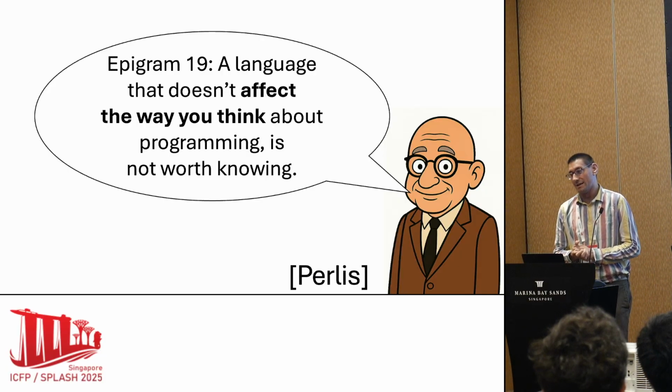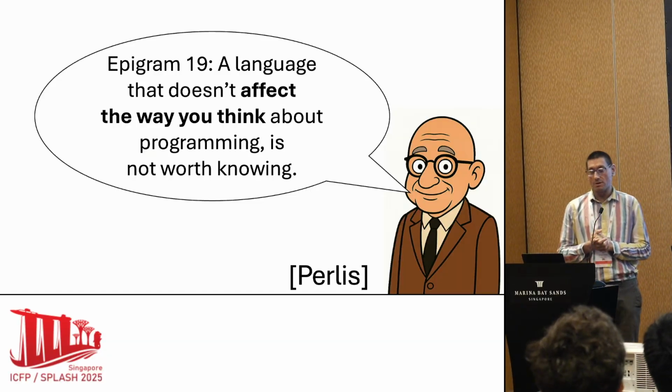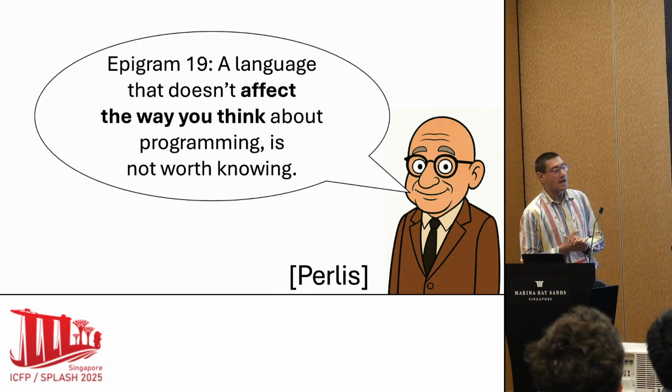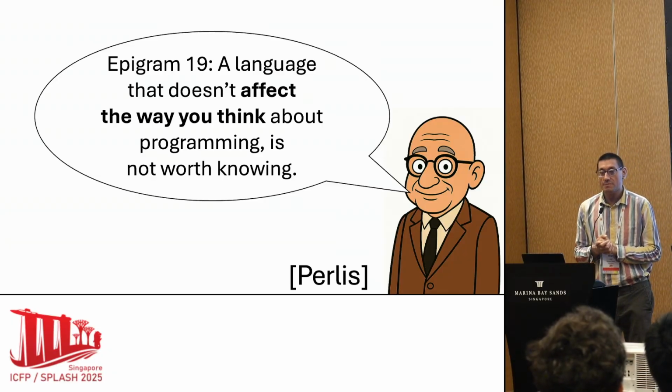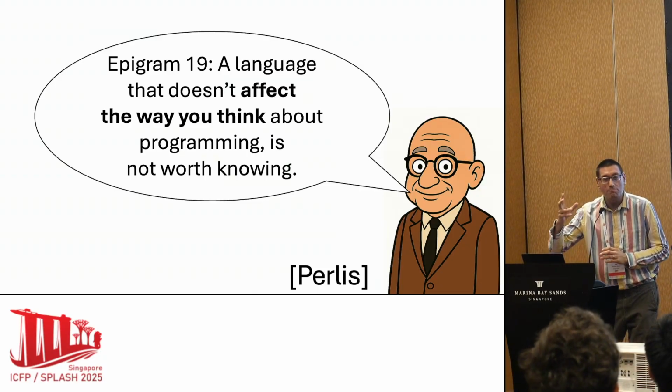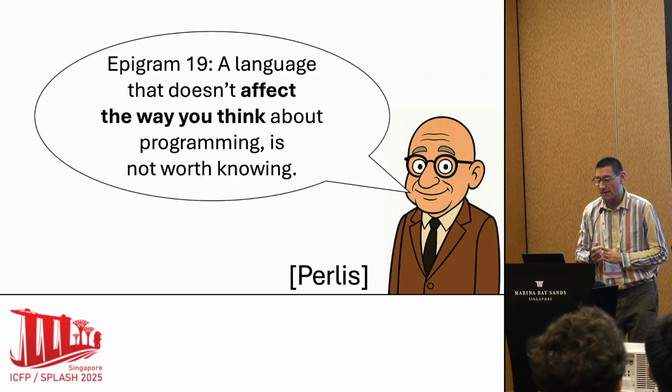Here's Alan Perlis, and you may have seen his beautiful collection of epigrams. One of his most famous is this: a language that doesn't affect the way you think about programming is not worth knowing. Somehow, a programming language shapes us and influences our thinking.